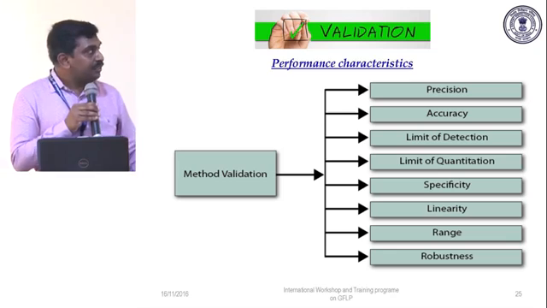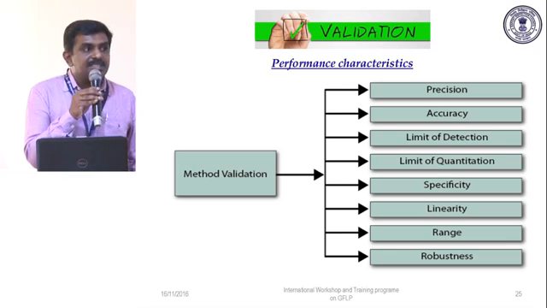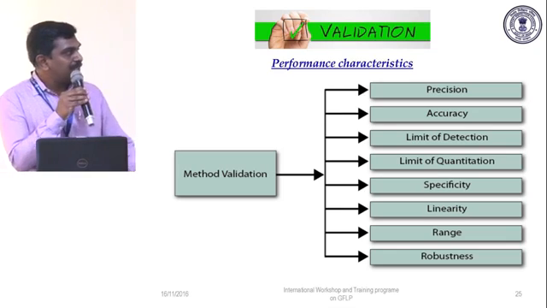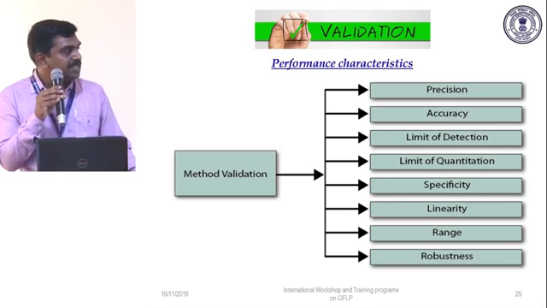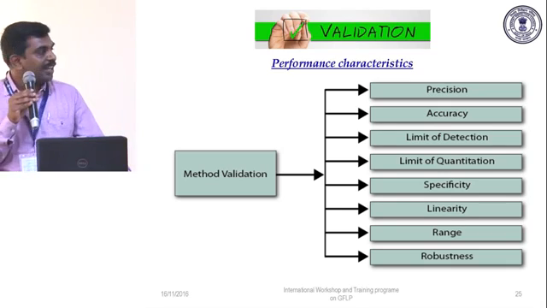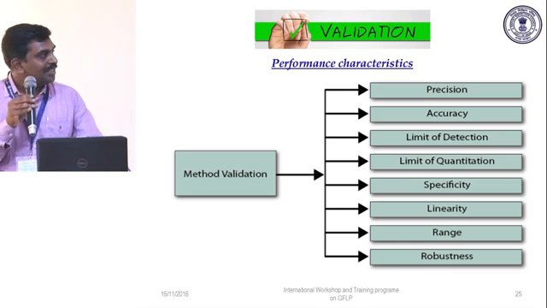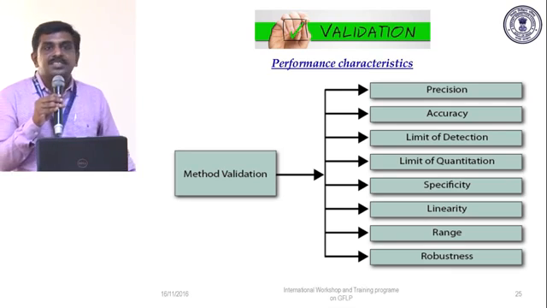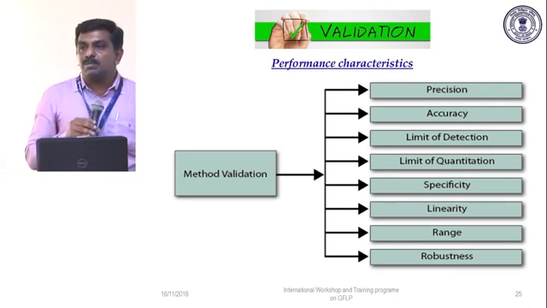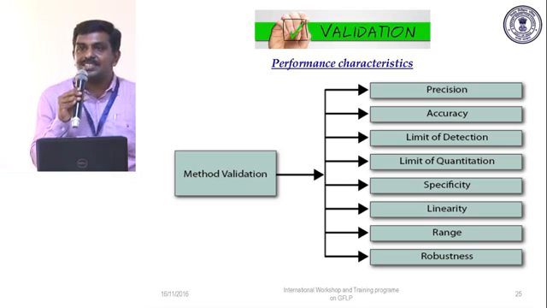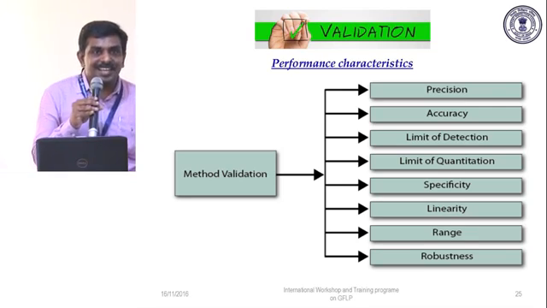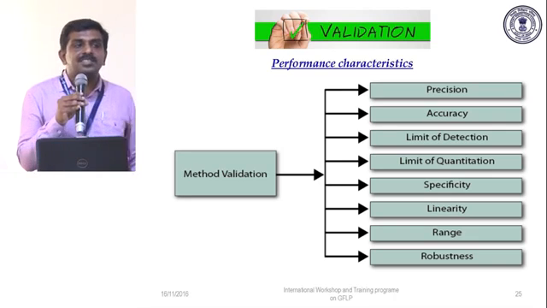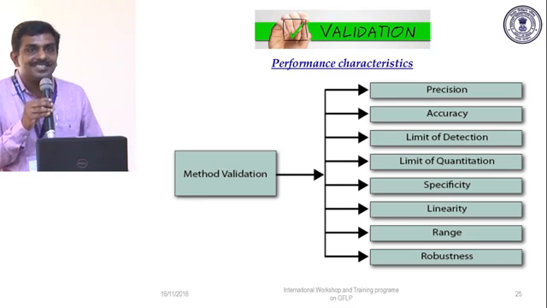I have just touched a few things. These are the performance characteristics generally used in validation: precision, accuracy, limit of detection, limit of quantification, specificity, linearity, range, robustness. There may be some terminology differences; you may hear something called selectivity, or someone may suddenly talk about ruggedness.